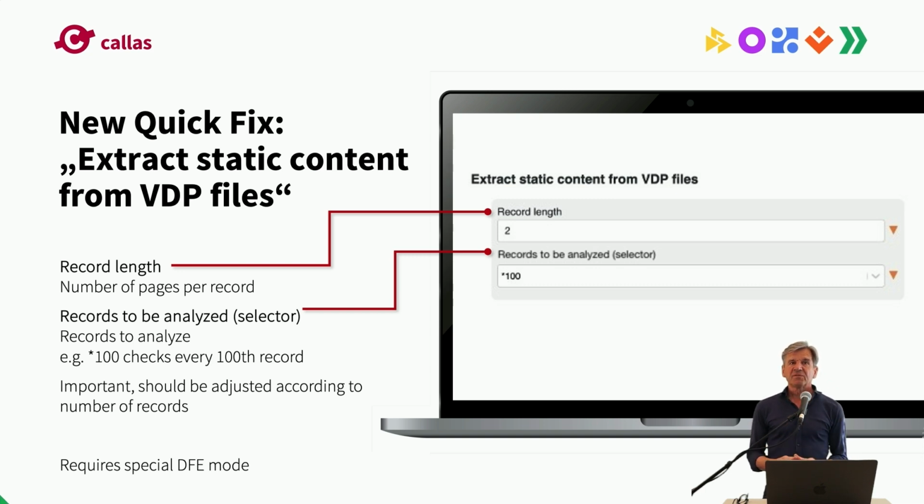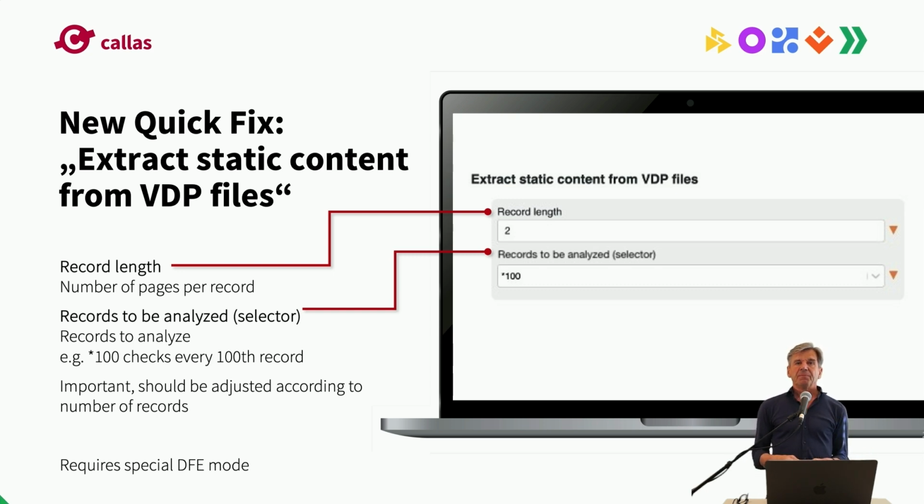It requires, and that is indicated on the lower left here, that the DFE supports a certain mode. Most DFEs support something like the pages with the static content being separate from the pages with the dynamic content, or just the first pages in the PDF file having the static content, and after that only the dynamic content.